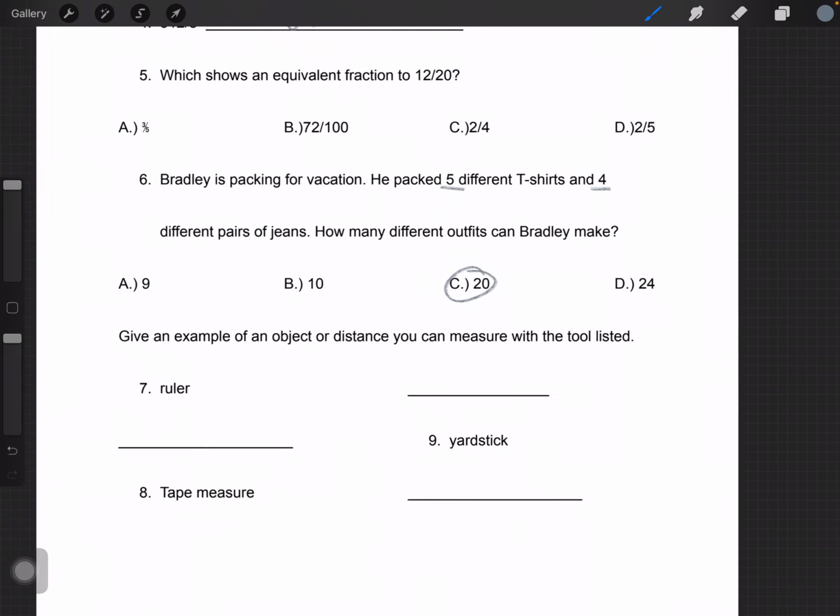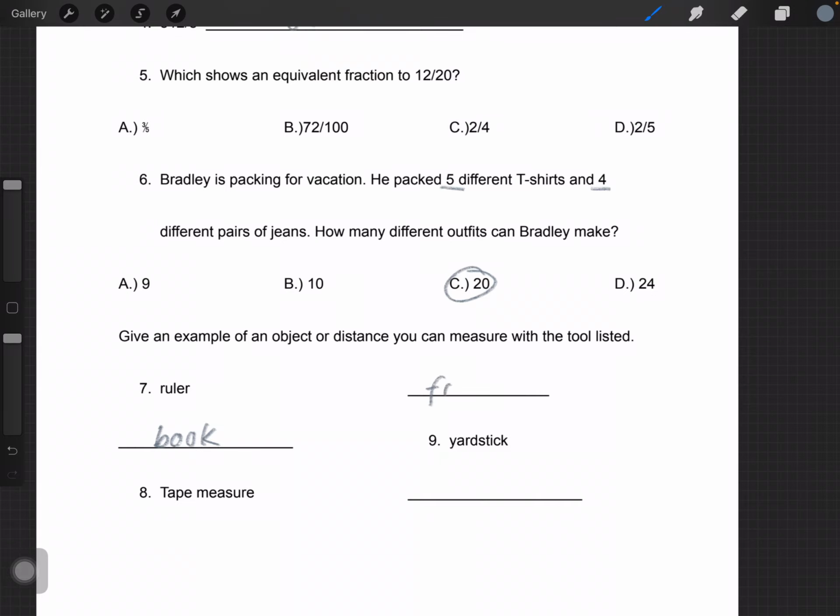Give an example of an object or distance you can measure with the tool listed. A ruler is kind of like a school ruler that you use, and I think it's for smaller items, so maybe the length of your book. A tape measure is something for longer distances, maybe furniture or someone's height. So let's write furniture.